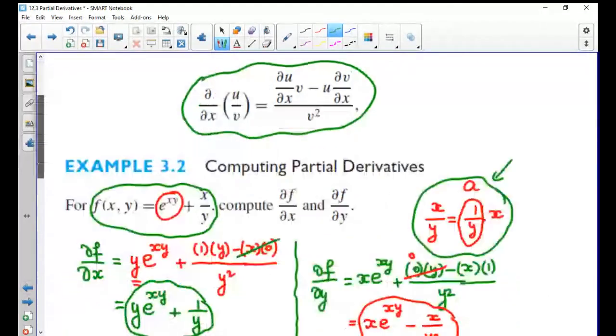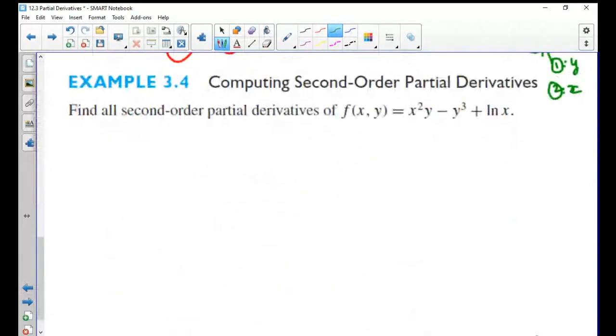So let me come back here and calculate the second order derivatives of this function. So let's do it together again. So what do we want? We want fx first. Okay.